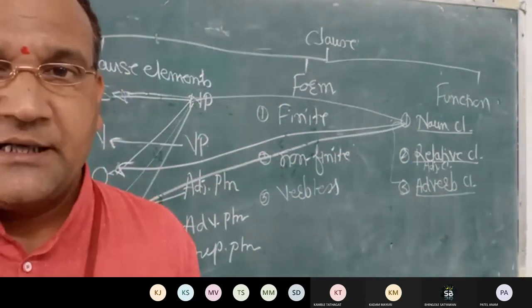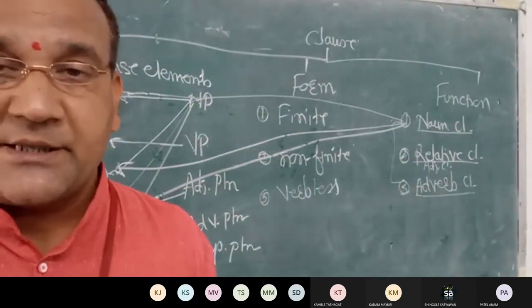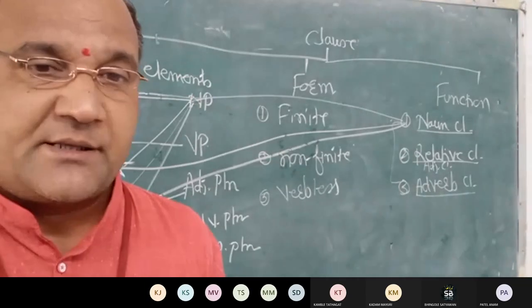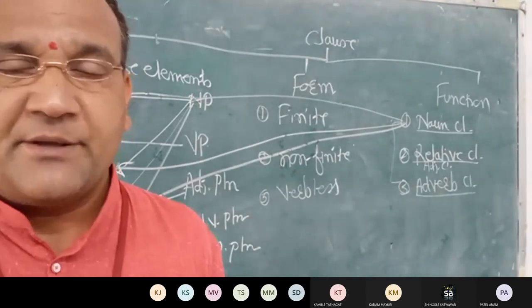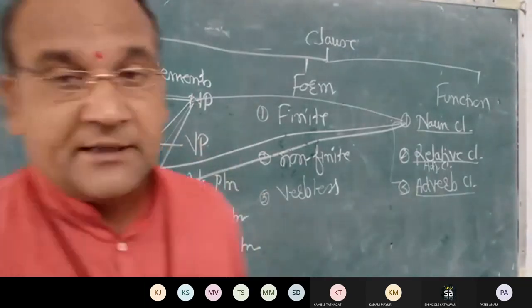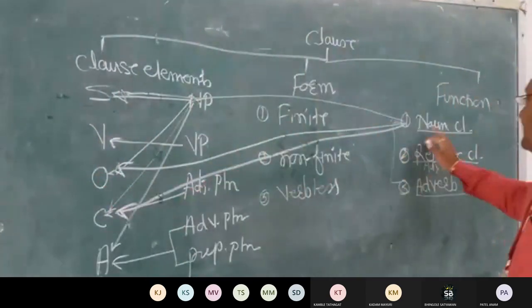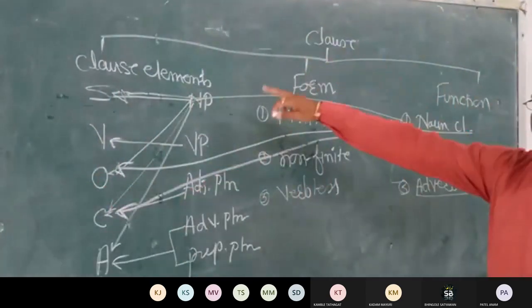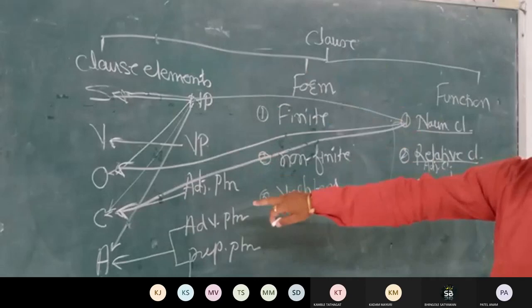There are some more functions: a noun clause that comes in apposition, a noun clause that comes as an object of the preposition, but presently we will have only this.